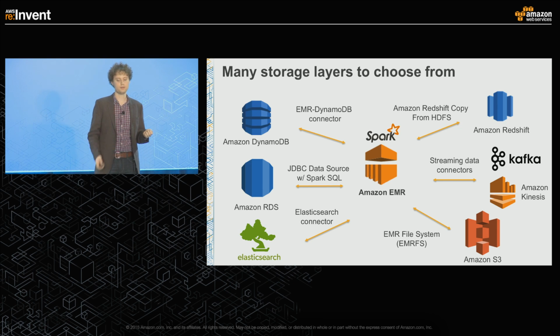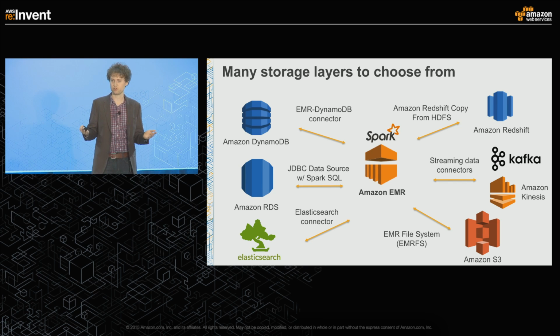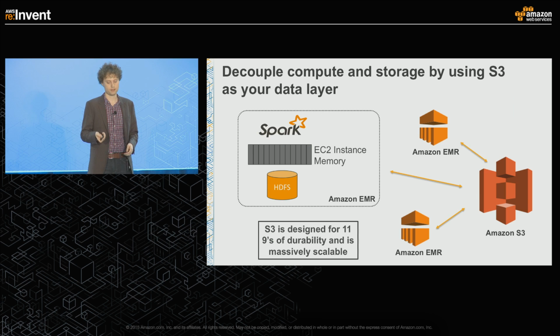You can connect via JDBC and Spark SQL to Amazon RDS, the relational database service. If you have an Elasticsearch cluster running, you can allow Spark to query that. One really popular use case is using Kinesis or Kafka to stream data into Spark Streaming, and all of that is easily available and configurable in your environment. And then finally, S3.